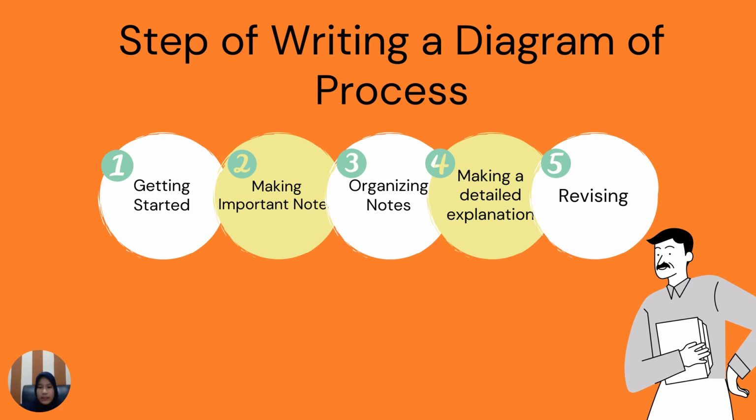To make sure the writing is in chronological order, you can ask yourself and check the notes whether all the leading and essential elements are included. And the final step is revising. After completing the draft, reread it again.